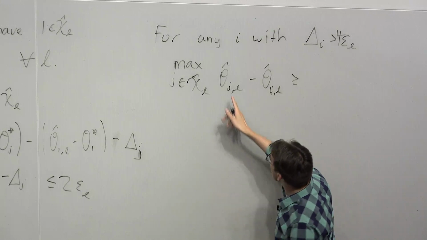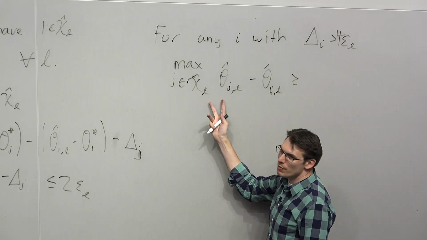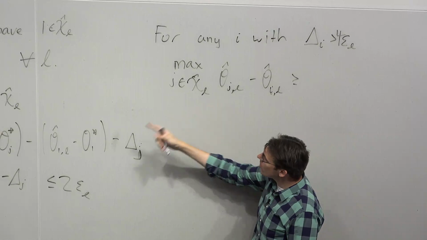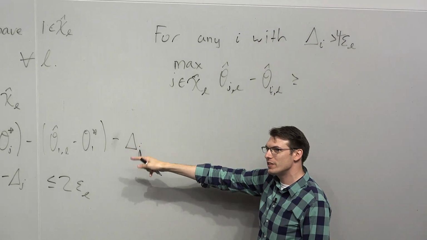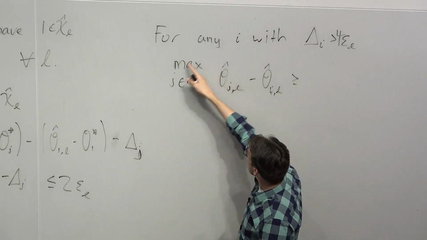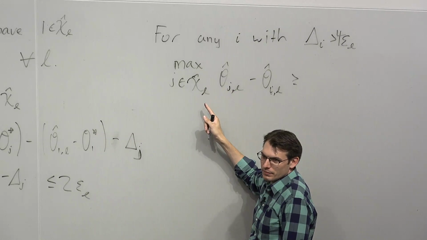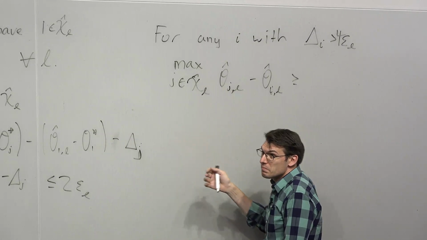Well, I don't know which one it's going to pick here, but the one using the algorithm is the maximum empirical mean. But we just showed that 1, the best arm, always is in X hat L. And so because of that, I can lower bound this maximum empirical mean by the empirical mean of just the one from the best arm.